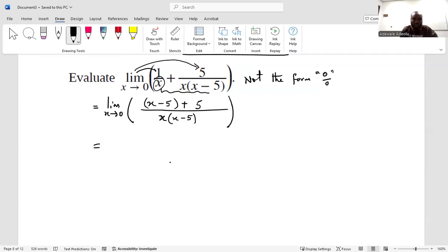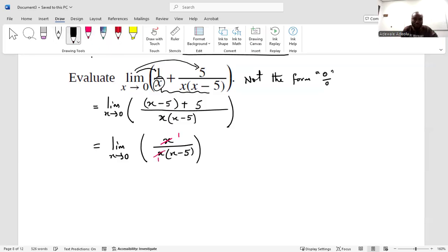Okay. Algebra. So that is the limit as x goes to 0. Now I have x minus 5 plus 5. That is x over x times x minus 5. Now I can say this is x over x, which is 1.